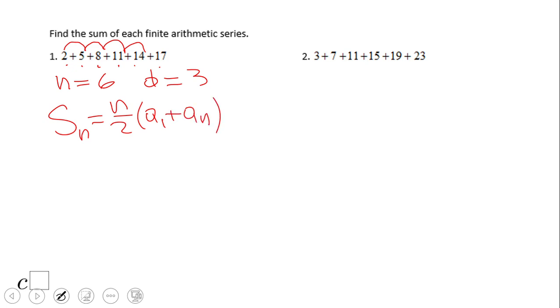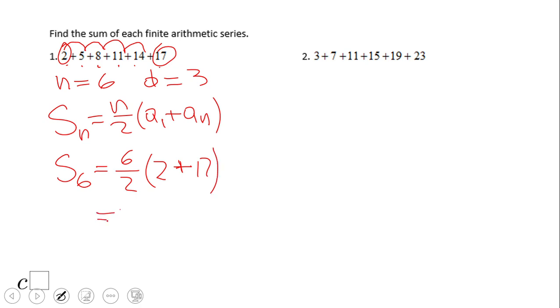n. So in our case, we're going to have the partial sum S sub 6 equals 6 over 2, because this n is 6. The first term is 2, and the last term is 17 in this arithmetic series.